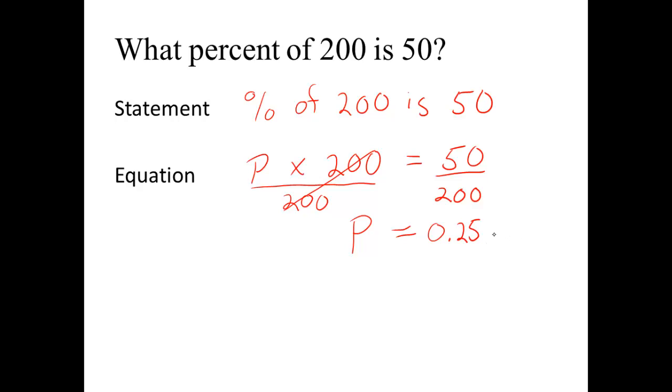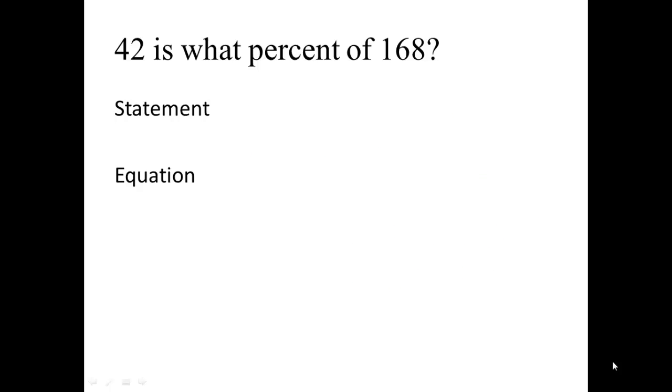To change it to a percent, we must multiply by 100%. So our percent is equal to 25%, because when we multiply by 100, our decimal point will move 2 places to the right.